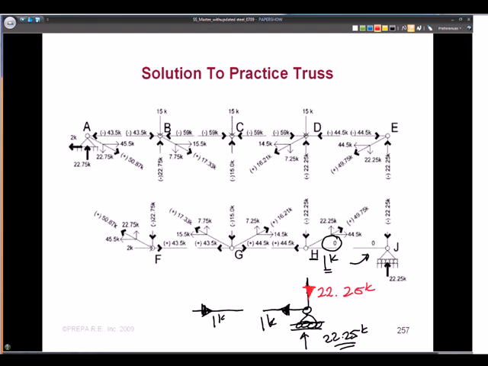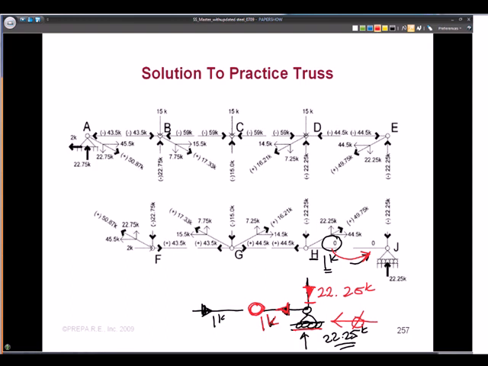And that works for the verticals. But what about the horizontals? If we have 1 kip to the left, we need 1 kip to the right. Well, we don't have a diagonal or horizontal member here to resist it, and our support reaction cannot resist any forces either. So this has to be a zero force member because, again, you can't do anything with the horizontal force at this end.